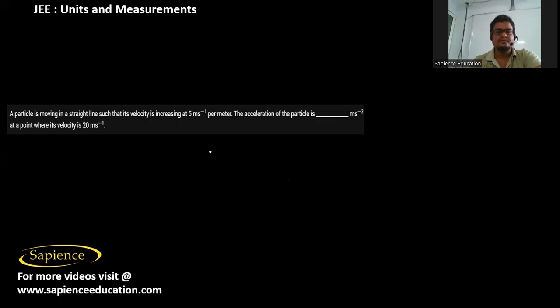Then here it is told a particle is moving in a straight line such that its velocity is increasing at 5 meter per second per meter, meaning dv by dx is 5 meter per second per meter.